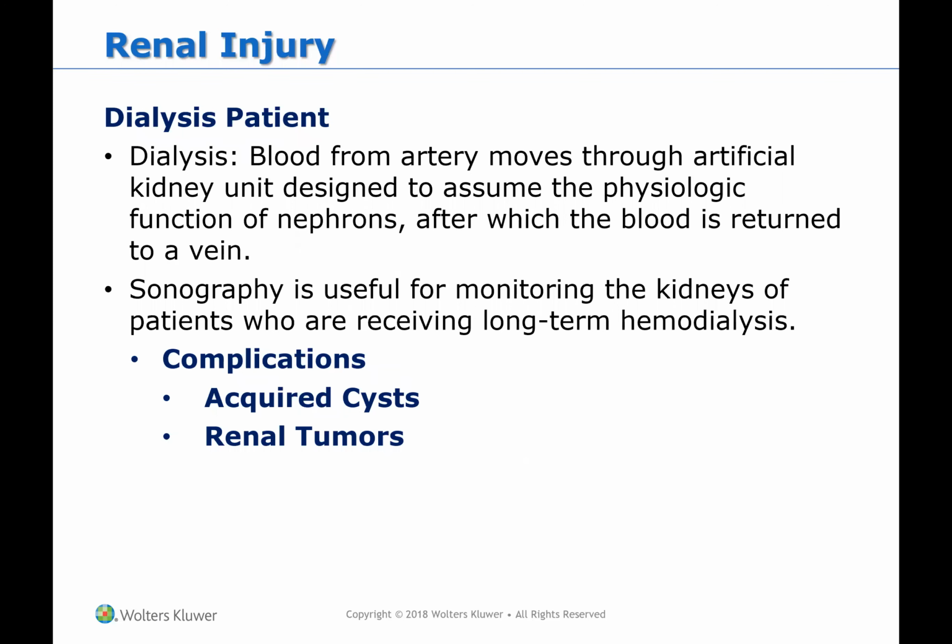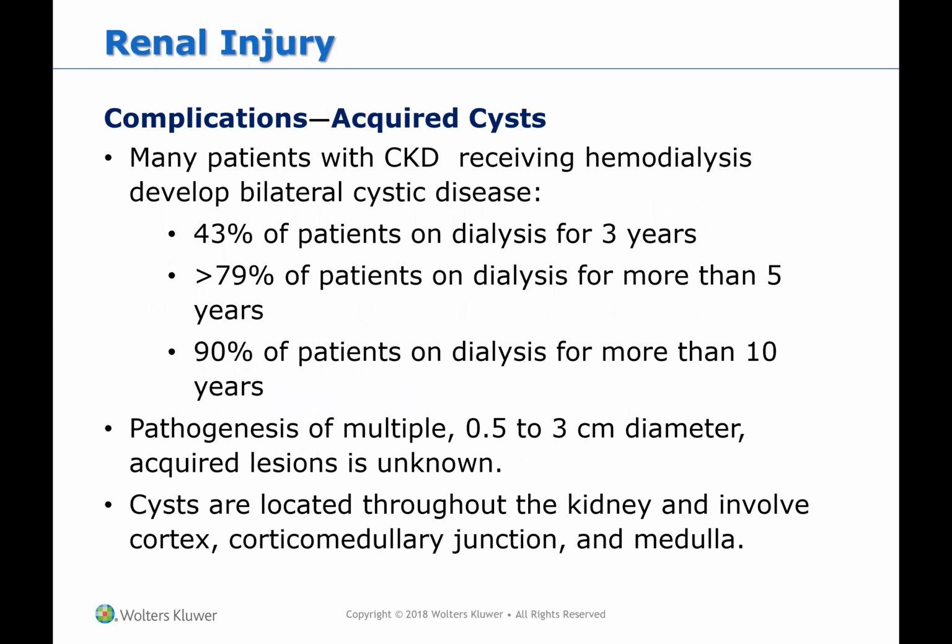So for dialysis patients, blood from the artery moves through an artificial kidney unit designed to assume the physiological function of the nephrons, after which the blood is returned to a vein. Sonography is useful for monitoring the kidneys of patients who are receiving long-term hemodialysis.